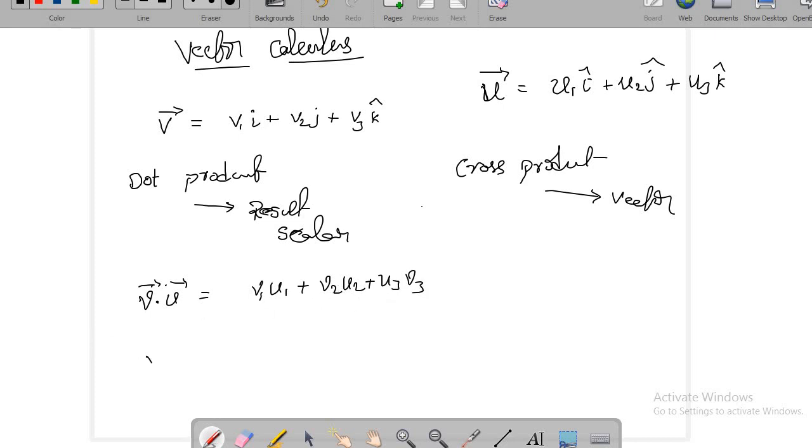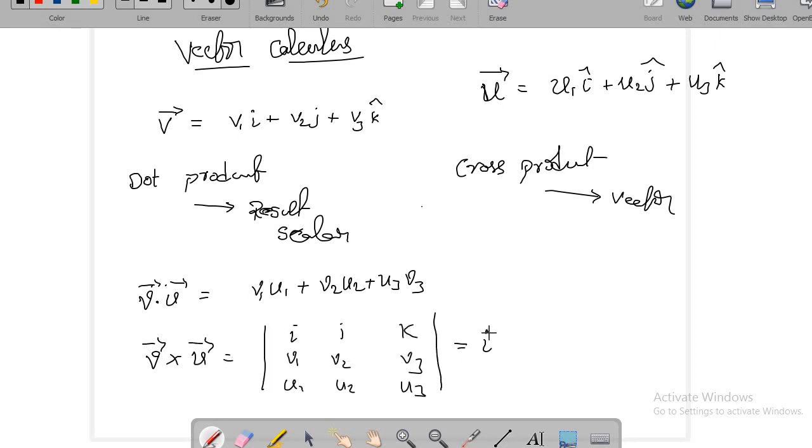Whereas when it comes to the cross product, v bar cross u bar, you know how to calculate: i times the determinant of this matrix, which is v2, v3, u2, u3, minus j into the determinant of this matrix, which is v1, u1, v3, u3, and similarly plus k.